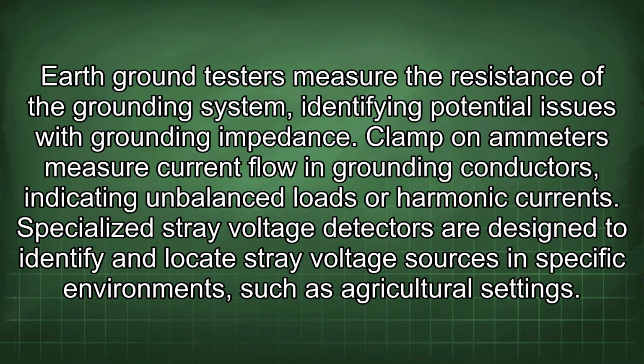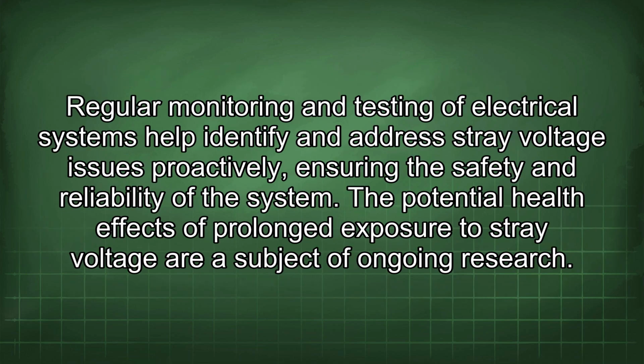Clamp-on ammeters measure current flow in grounding conductors, indicating unbalanced loads or harmonic currents. Specialized stray voltage detectors are designed to identify and locate stray voltage sources in specific environments, such as agricultural settings. Regular monitoring and testing of electrical systems help identify and address stray voltage issues proactively, ensuring the safety and reliability of the system.